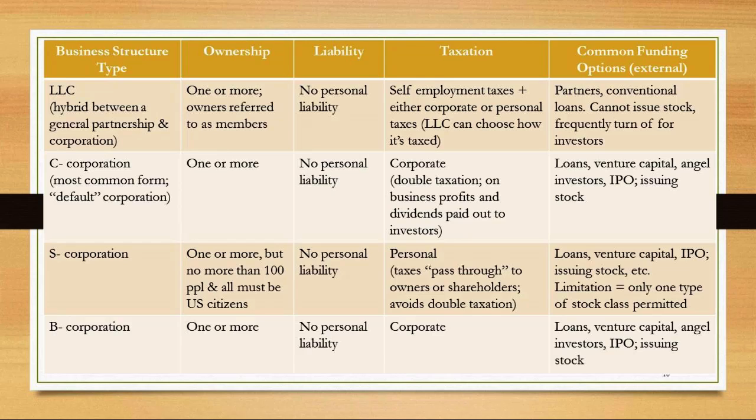The S corporation is a little bit different. It's more limited. It can only have up to 100 people, and all of them must be U.S. citizens, as opposed to a C corporation, which doesn't have that limitation. It has personal taxes, so it's similar to an LLC. It avoids the double taxation whammy. However, there are some limitations in terms of what kind of stock can be issued.